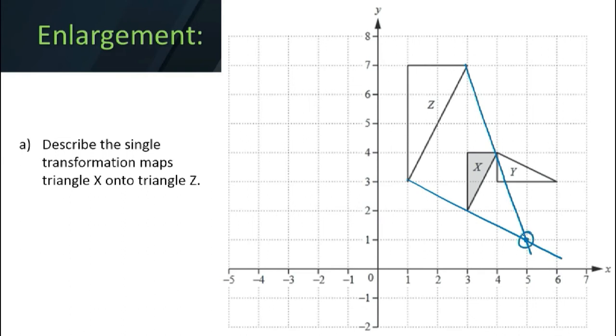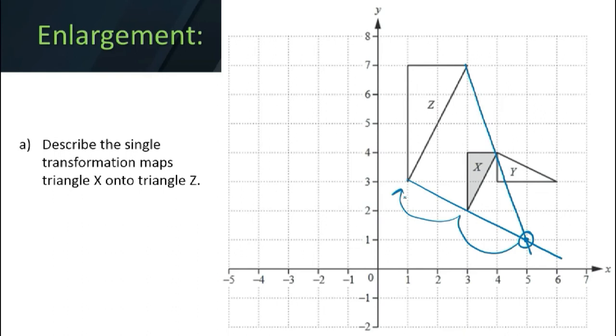Okay, we have joined two same vertices and extended the line. Here we have a point of enlargement, and here we have an object and this is the image. So it means that the object and image are on the same side. Okay, so the scale factor will be positive.